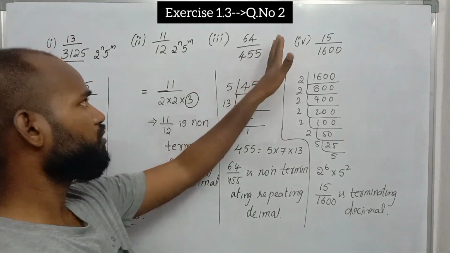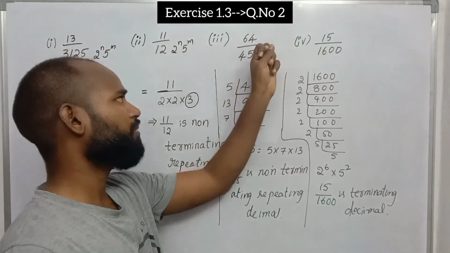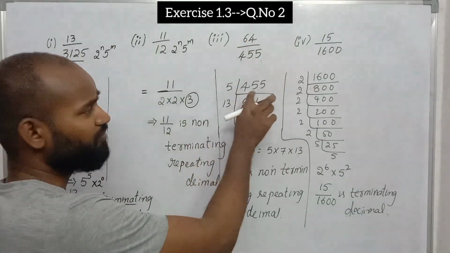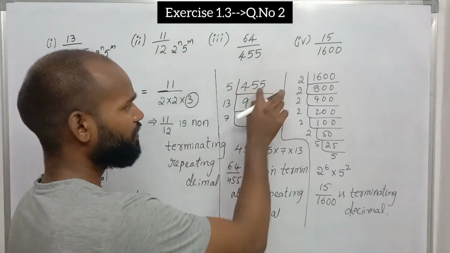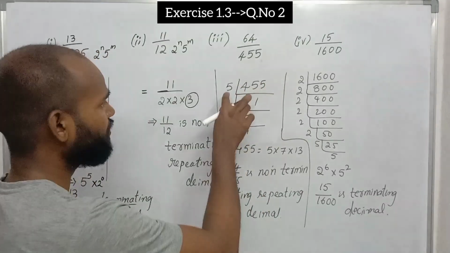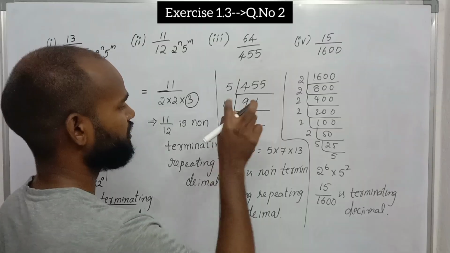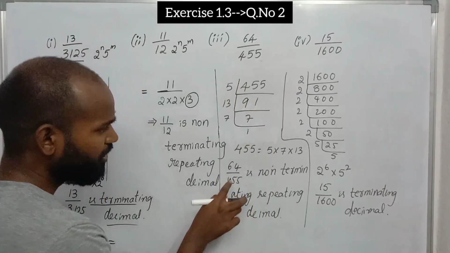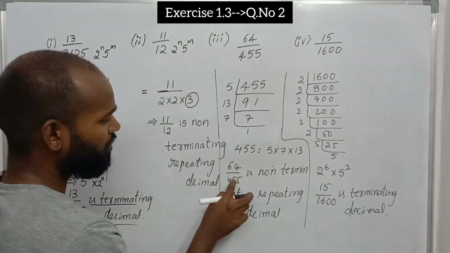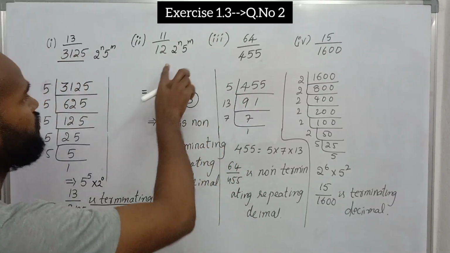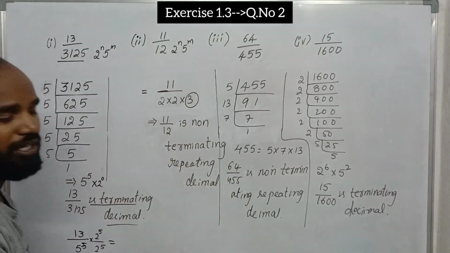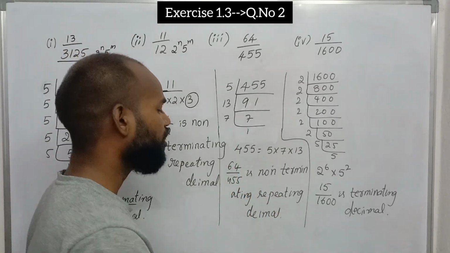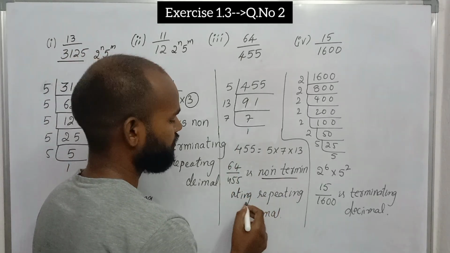Next, the third problem, 64 by 455. I am again finding the prime factors of 455: 5, 13, 7. So the denominator is not in the form of 2 power n into 5 power m. So 64 by 455 is a non-terminating repeating decimal.